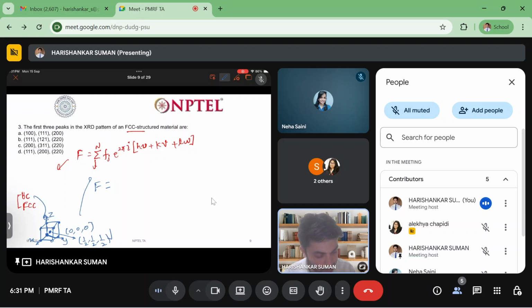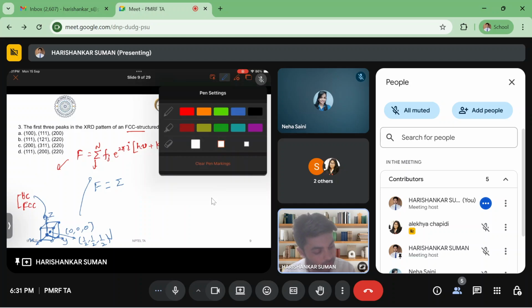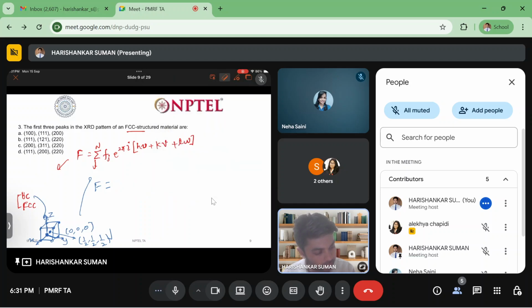Let me put the first at 0, 0, 0. If the atoms are the same it is fine, if they are different then we can put A and B. Let's say atom A is at the corner and B at the center, so the amplitude would be different.